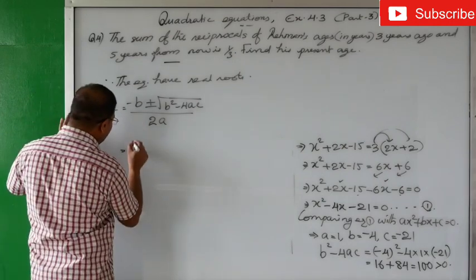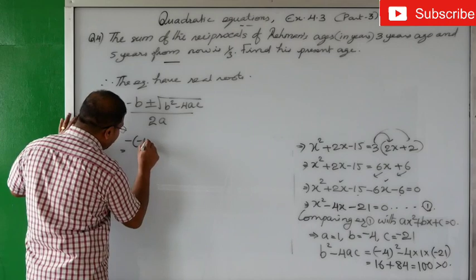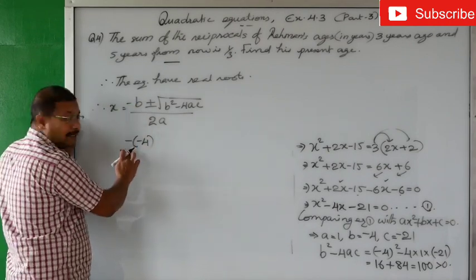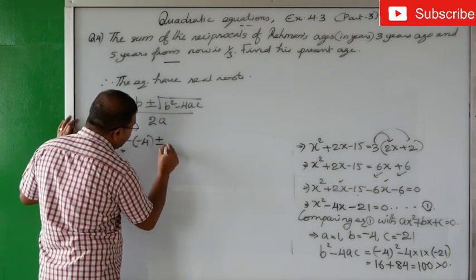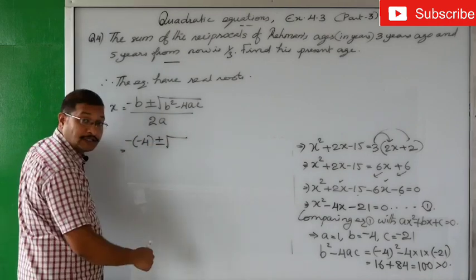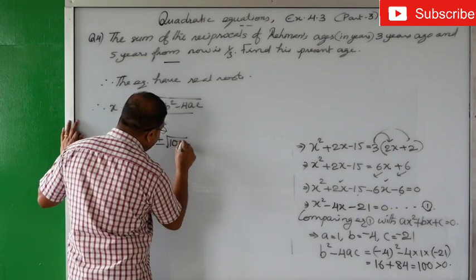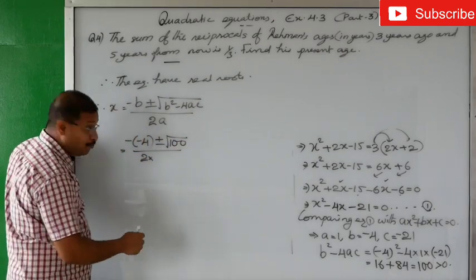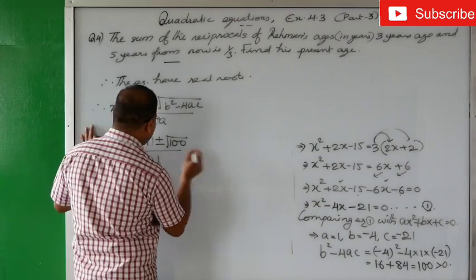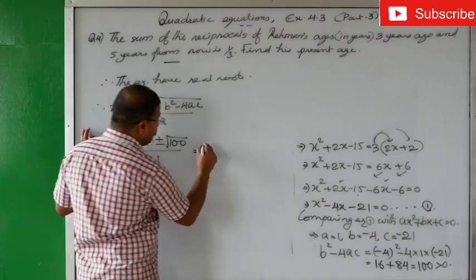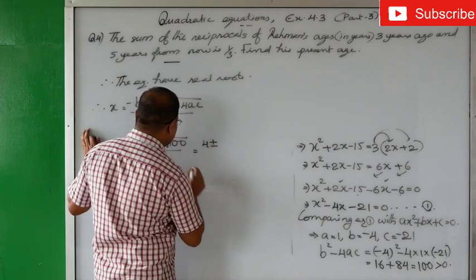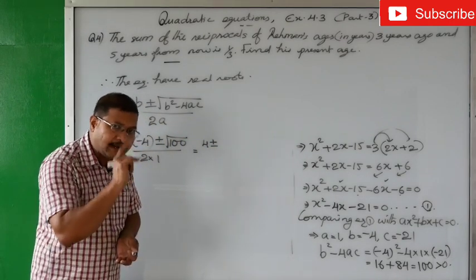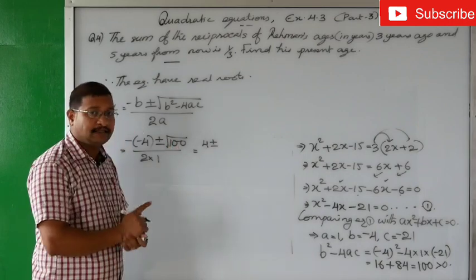Minus 4. So here minus b, so minus minus 4, because the value of b is minus 4, already here minus. Plus or minus root of b square minus 4ac is 100, divided by 2 into, what is the value of a? 1. Equals, minus into minus plus, that means 4 plus or minus root 100. 10 tens are 100. So square root of 100 is 10.